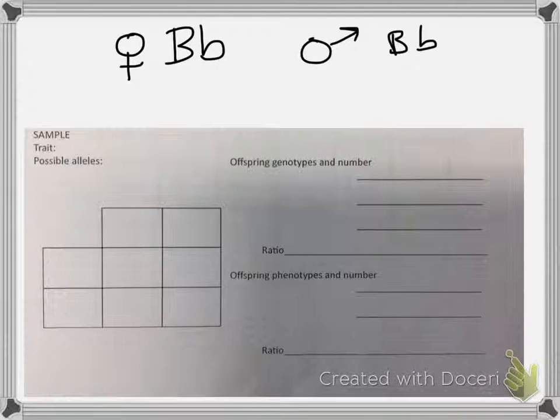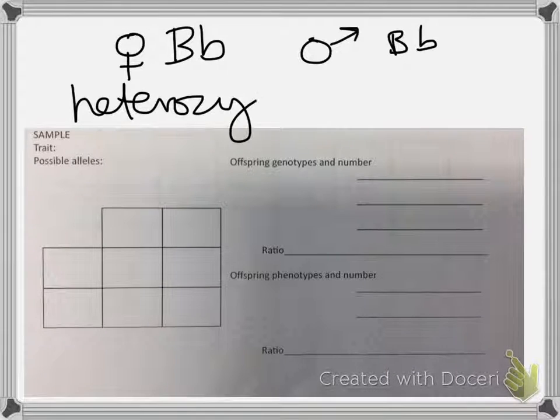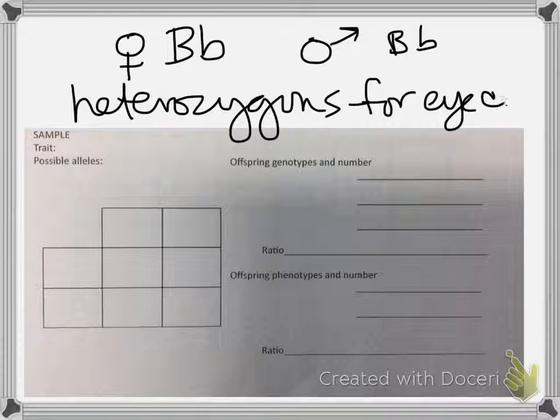Oh no, eye color. So for eye color, here are a couple more vocabulary words we have to use. Both parents are heterozygous for eye color. What does hetero mean?